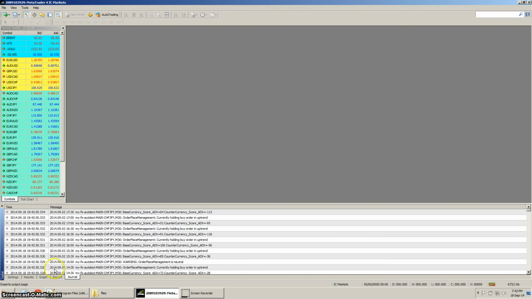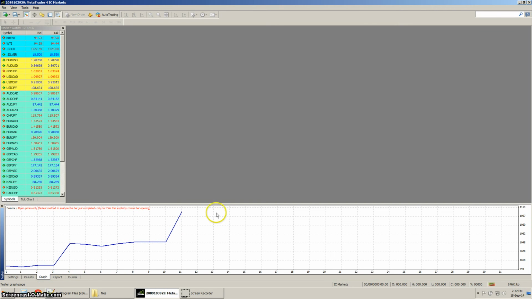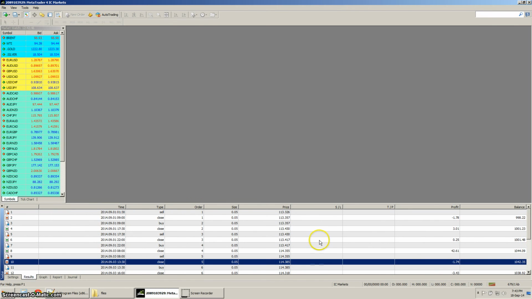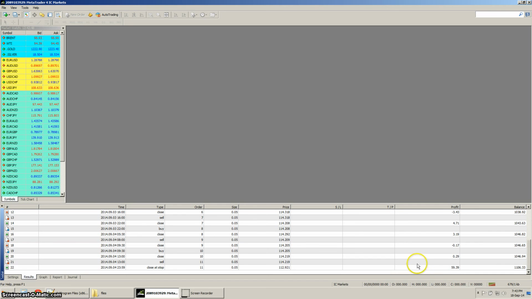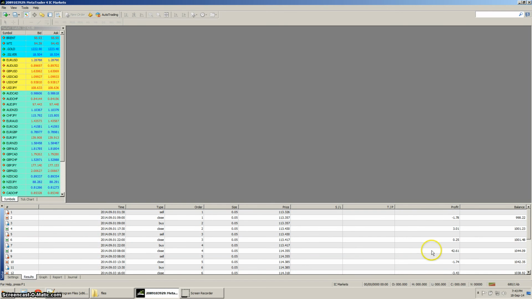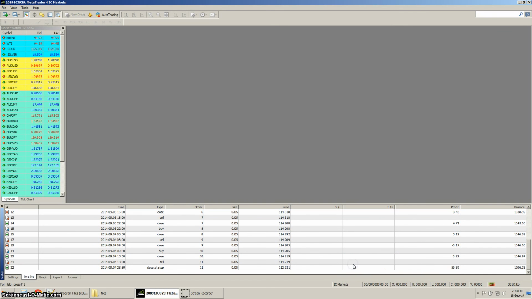That's running there. It's picked up the values, and we've got another result here. So on the 30-minute, the results look very profitable, and as you can see, I've got all the trades happening here. Some nice big trades occurred, some small losses.